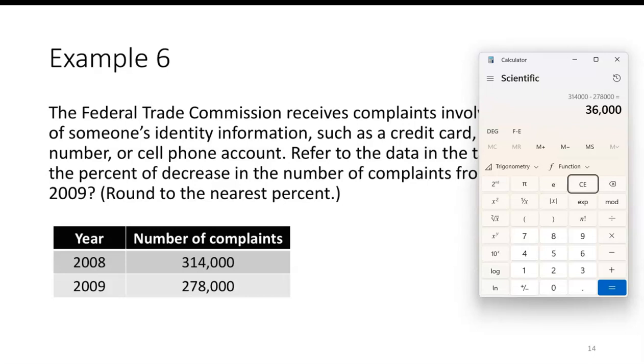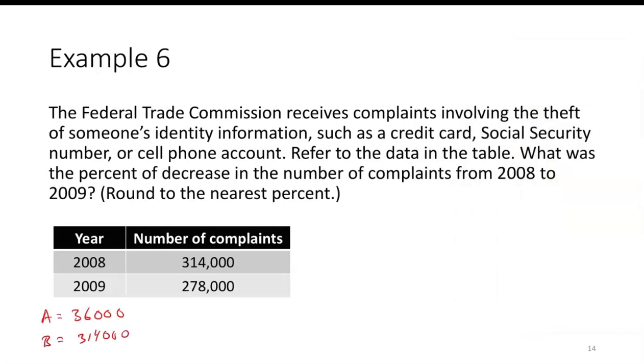So the amount of decrease is 36,000. The base is going to be your starting amount, so we started with 314,000. So we can write this as 36,000 is what percent of 314,000.